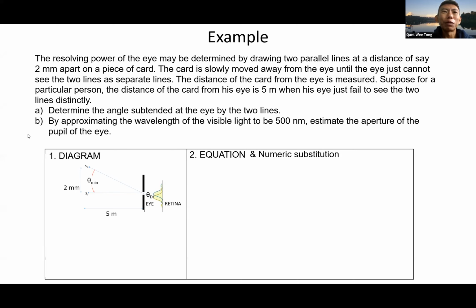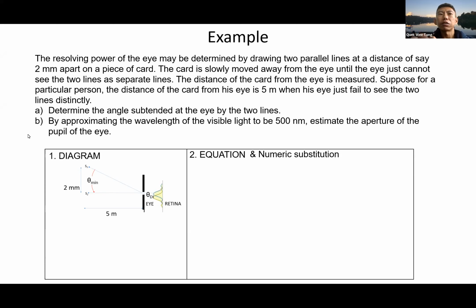But we know that when it moves until 5 meters, and the 2 lines are 2 mm apart, and this diagram is not to scale lah. So we know this is the limit, because that's what the experiment is about. It moves until this far, then cannot see. So now this theta is not determined by calculation. It's determined by the experiment.